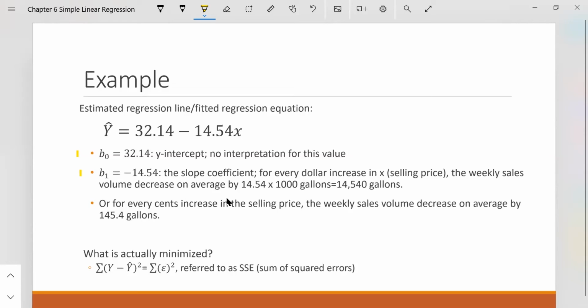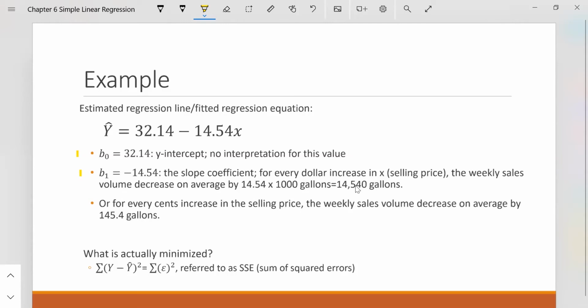And that is the interpretation for our slope coefficient. This is how we usually interpret the slope coefficient. We say for every dollar increase in the selling price, which is X, the weekly sales will decrease on average by 14.5 times 1,000 gallons because the data are in thousands of gallons, which is basically 14,540 gallons, okay?